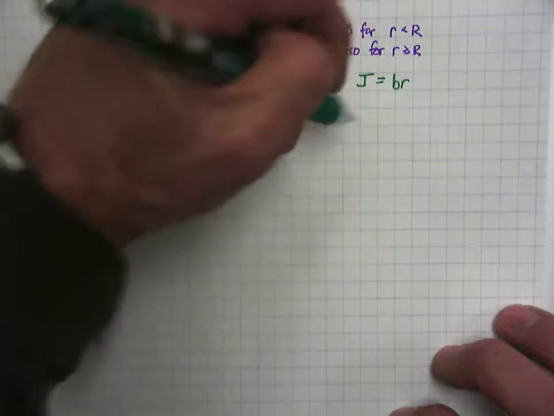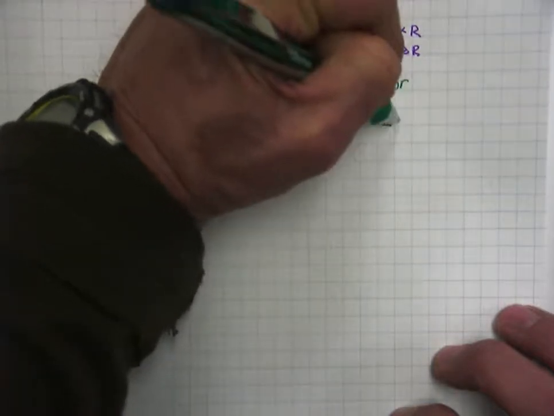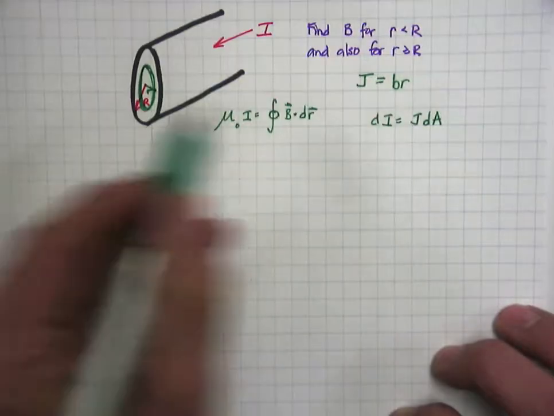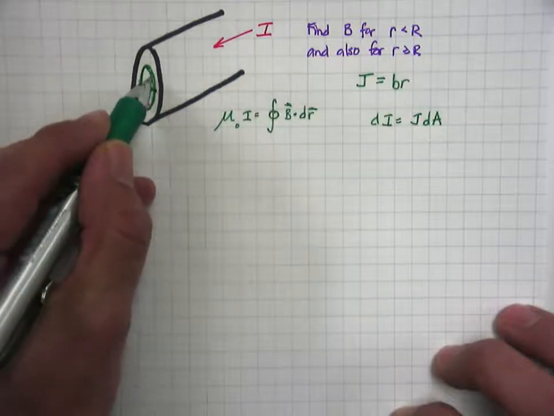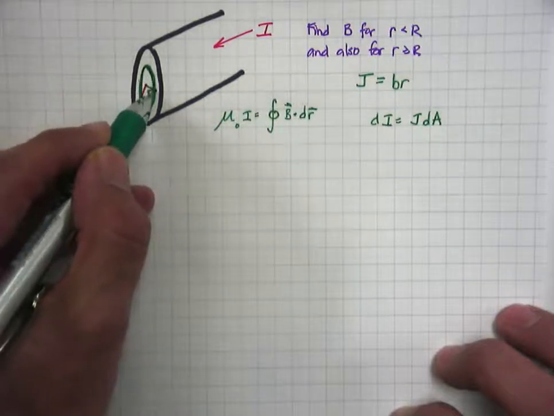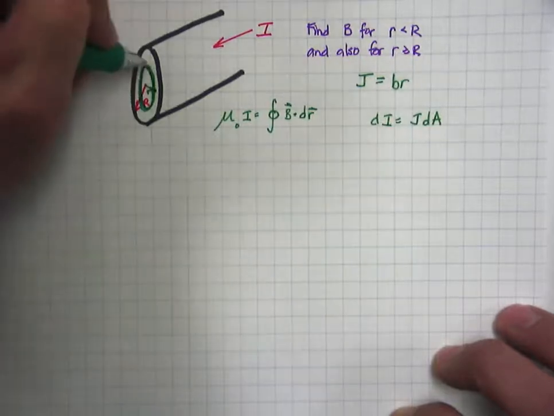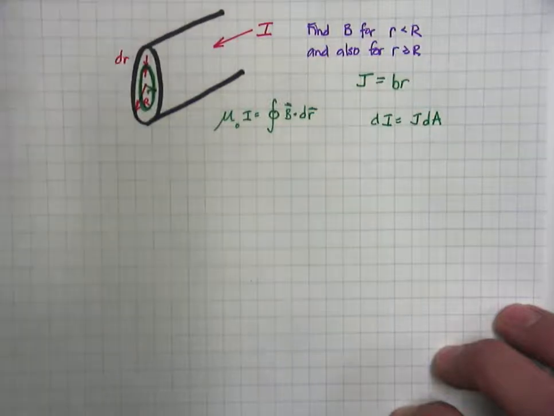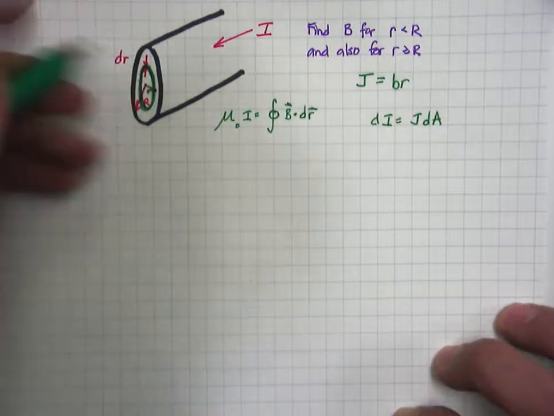So to do that, we are going to remind ourselves that if we have just a little bit of area that is described not by this entire circle, but by the thickness of this little piece of current carrying wire, what we have is a thickness dr. In between my two little arrows there is some thickness dr, and then once all the way around is the length.